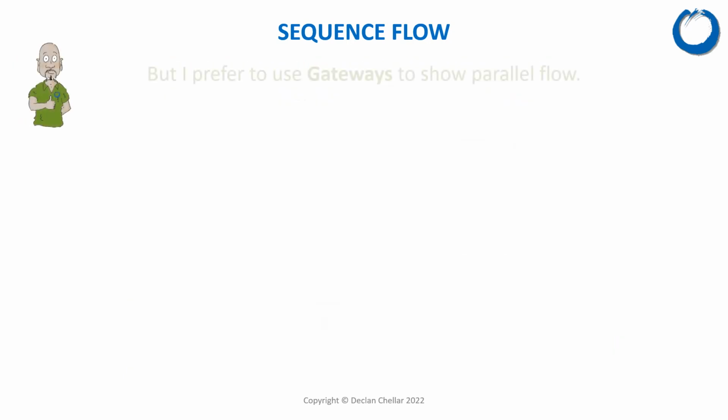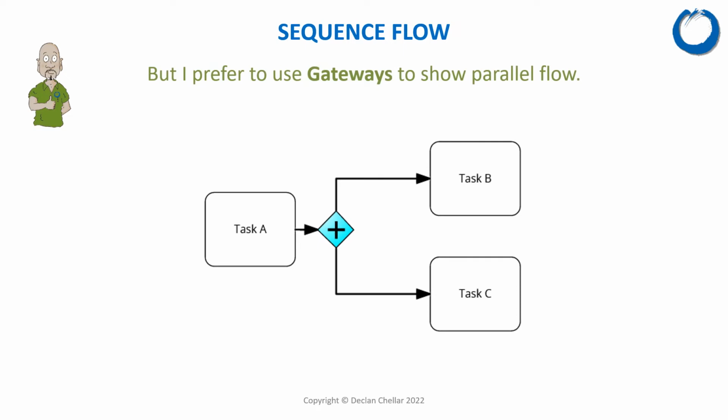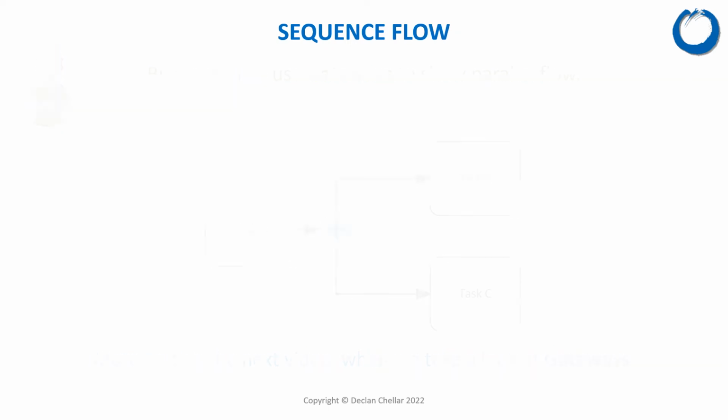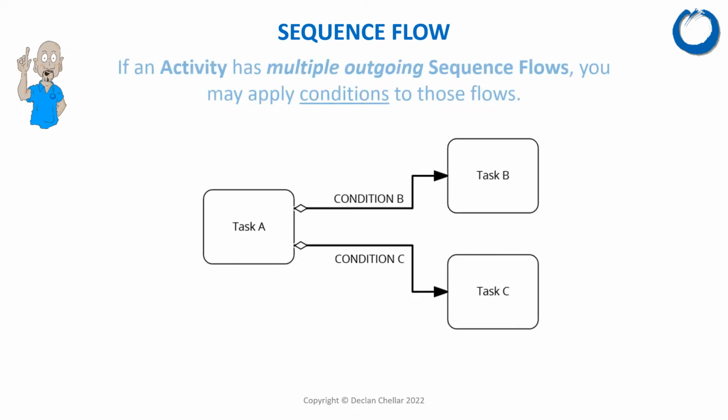But I prefer to use gateways to show parallel flow. More on this in the next video when we take a look at gateways. If an activity has multiple outgoing sequence flows, you may apply conditions to those flows.